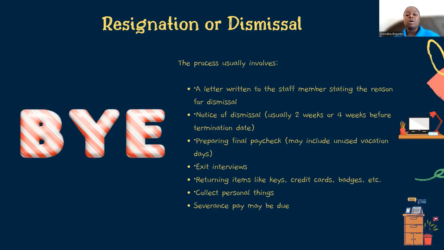Normally that process involves some type of written letter to the staff member stating why they're being dismissed, or asking the staff for a resignation letter, letting them know when their official last day is. This is where the process comes with notice. Notice is usually 2 weeks or 4 weeks before your last day of employment.